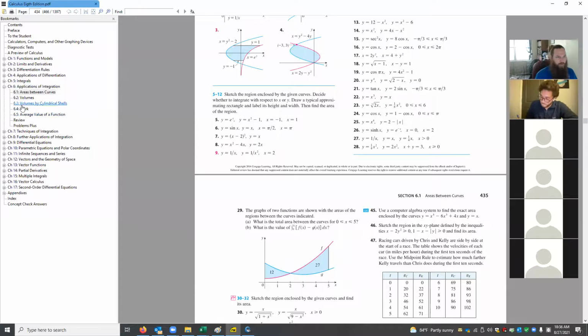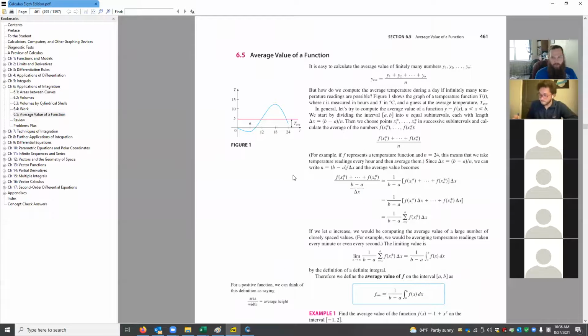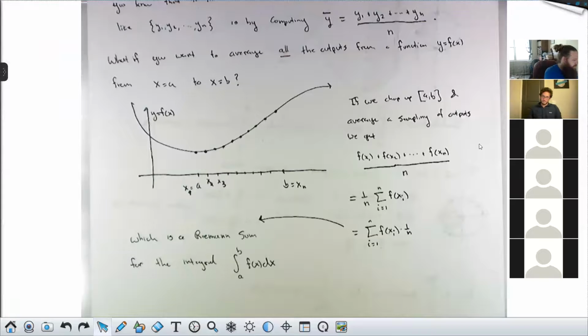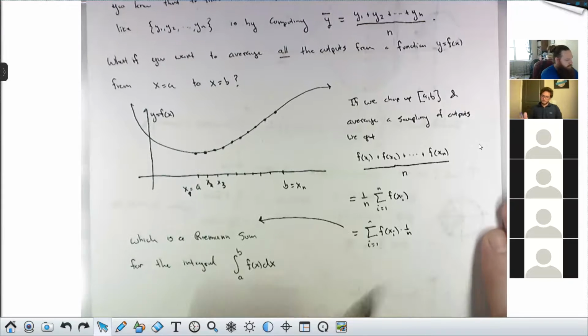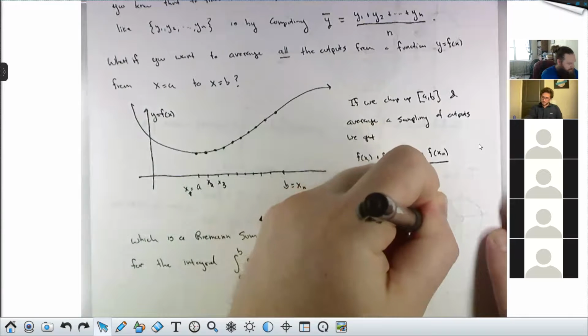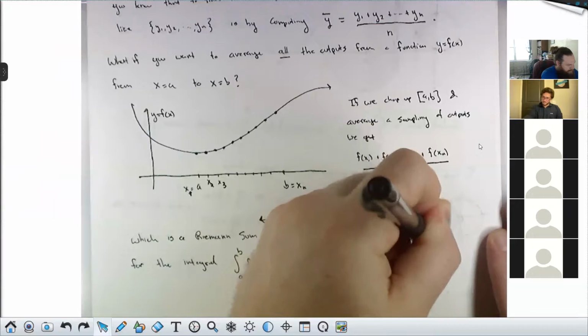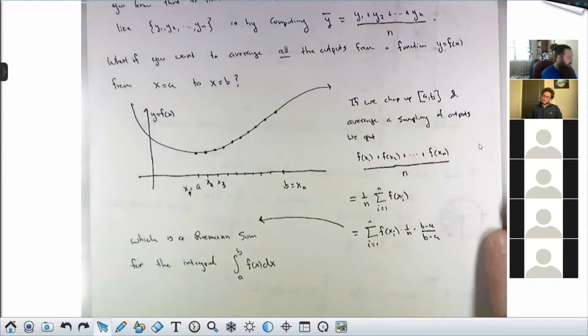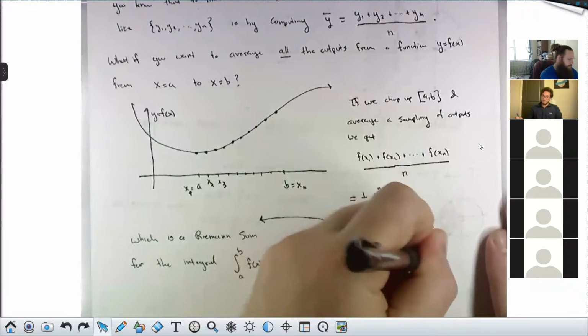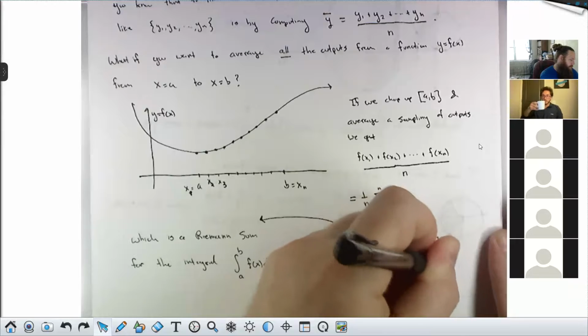I'll show you how your book, they have some nice pictures here. Doing the same thing, we take some sample points, right? But then the trick is, let me say this. So 1 over n is not your delta x unless you have a b minus a, right? Remember that delta x is always b minus a over n.